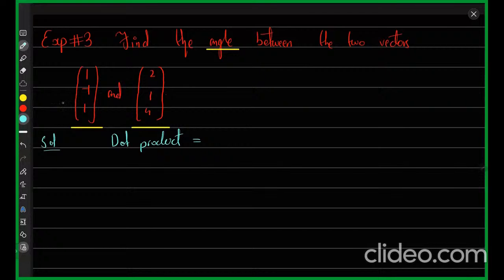So let's give them names. Let's say this is A and this is B. Okay. The dot product A dot B is basically the magnitude of A into magnitude of B cos theta. This is one formula. And then the second formula is that if I multiply the x with x, y with y, and z with z. So I have theta here. I can use the other formula to find out the dot product. I'll find out this, and then I am going to make theta the subject to find out the value of theta. So let's get started.